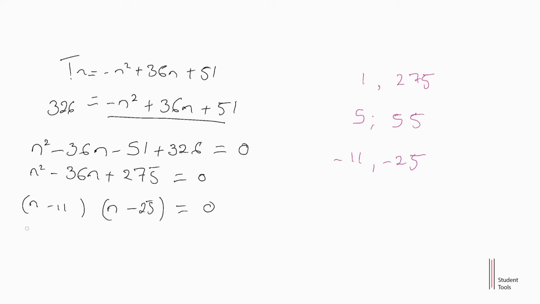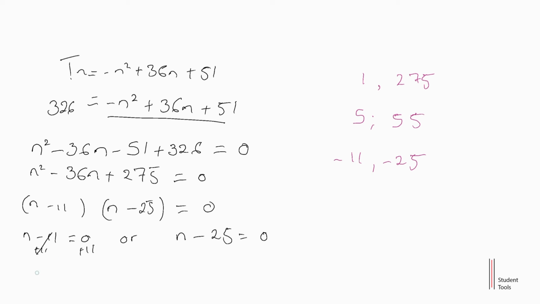So the next step is we will have to write n minus 11 equal to 0, or n minus 25, which is this one, is equal to 0. Next is to make n the subject of the formula. To do that, we have to take the negative 11 from the left hand side to the right hand side, so that is plus 11 and plus 11 this side.